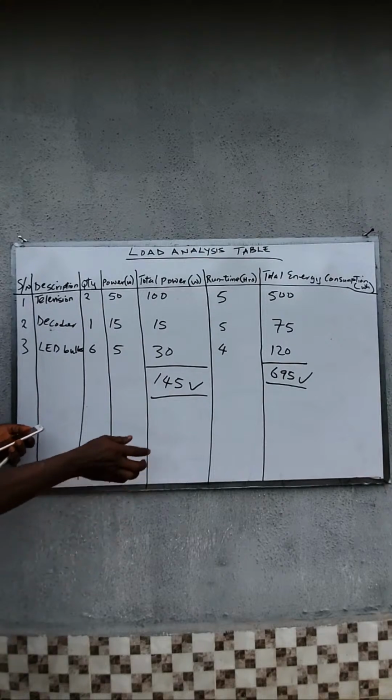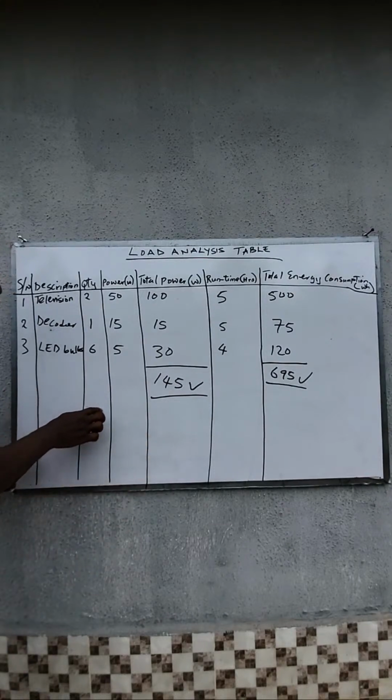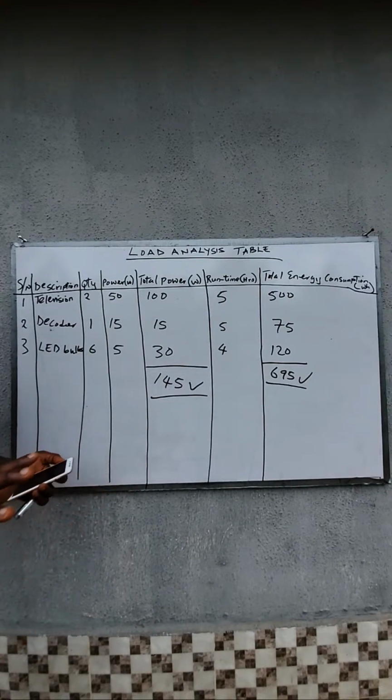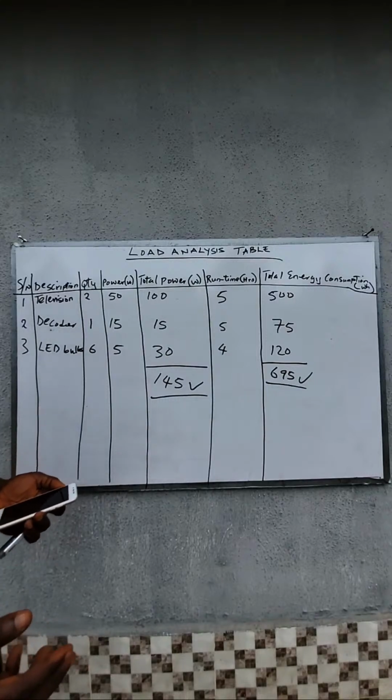Now, if you go and get, maybe you have a freezer here, the normal running power of some freezers is just 200 watts, some 150 watts, some 250 watts. But their starting power, most of them will draw up to 1,000 watts, some up to 1,500 watts, some even up to 2,000 watts.